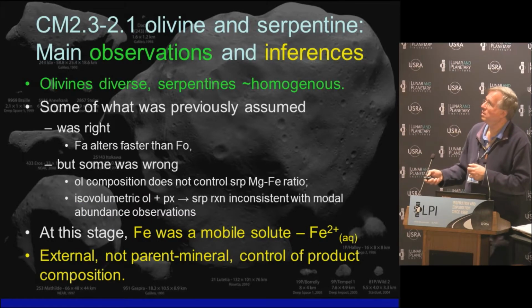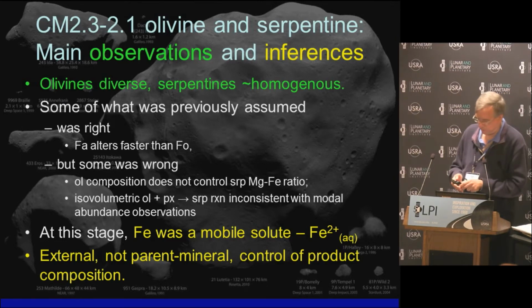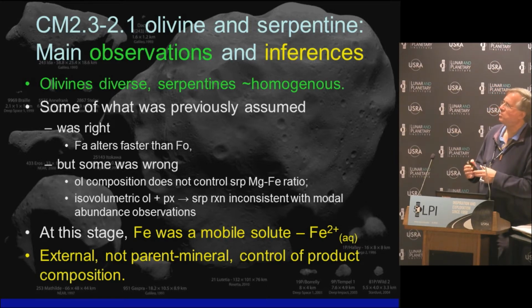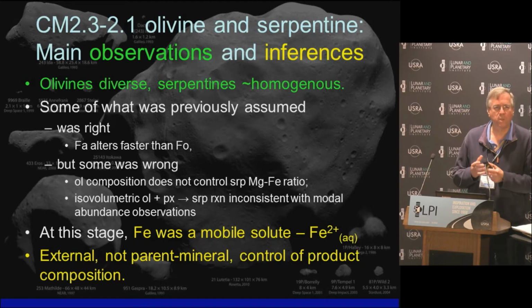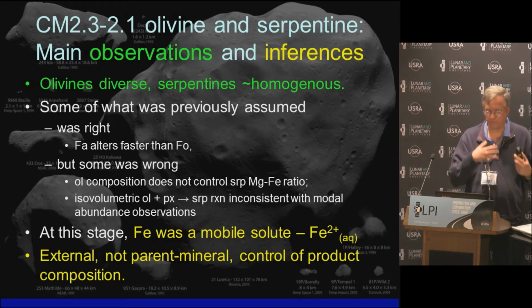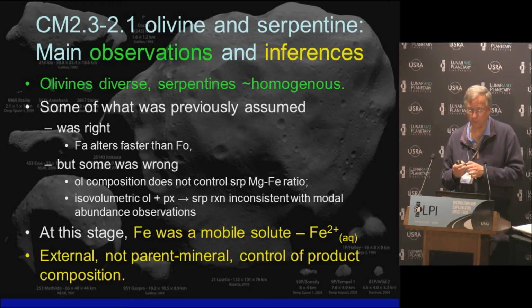All right. So I think what I'll do is leave it with these observations and inferences. The olivines are diverse. The serpentines have more or less homogeneous compositions. Some of what we went into with expectations was right: the iron-bearing ones do alter faster than the iron-poor ones. But some was wrong: the olivine composition doesn't control the serpentine magnesium-iron ratio.